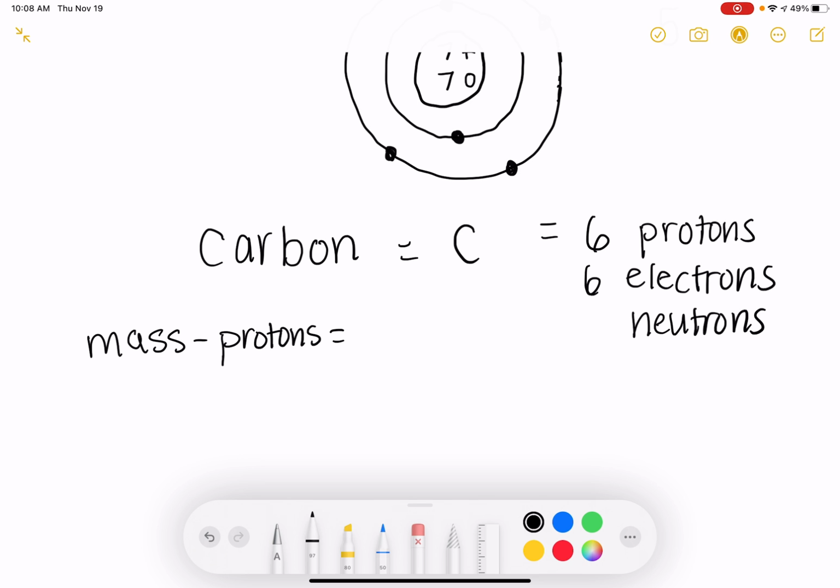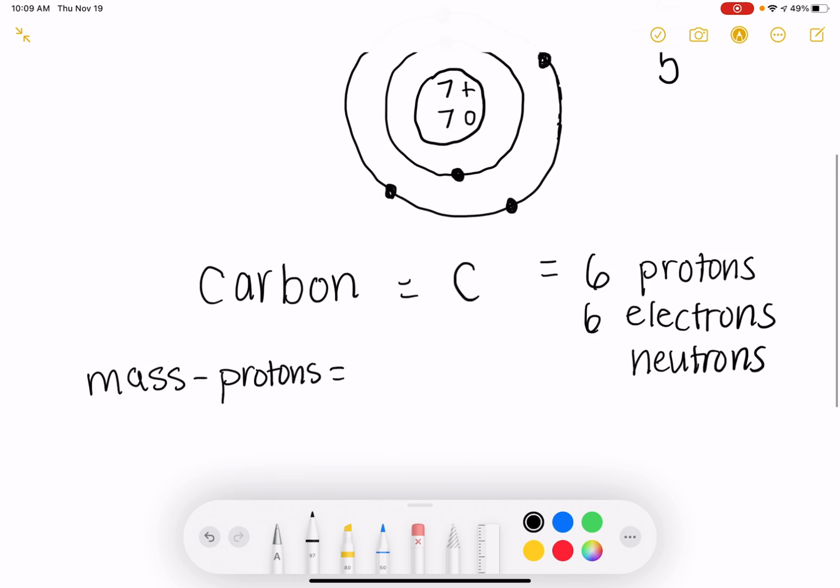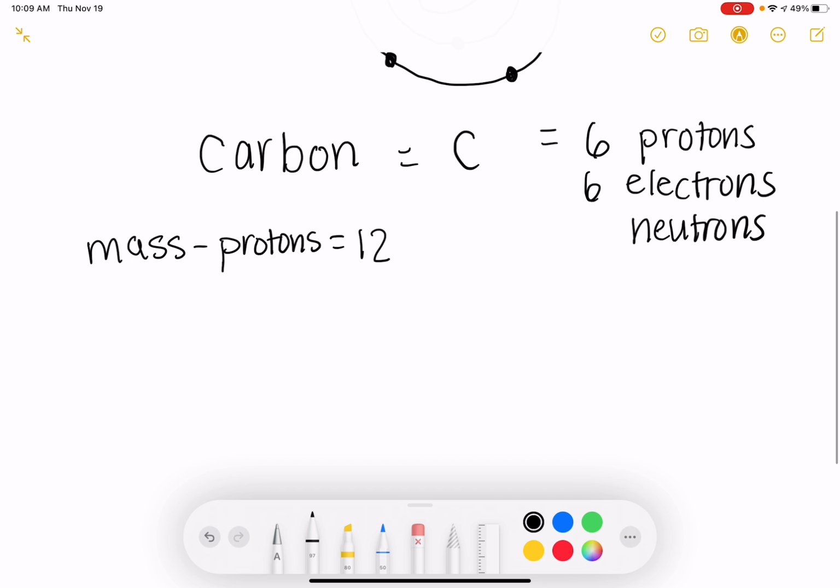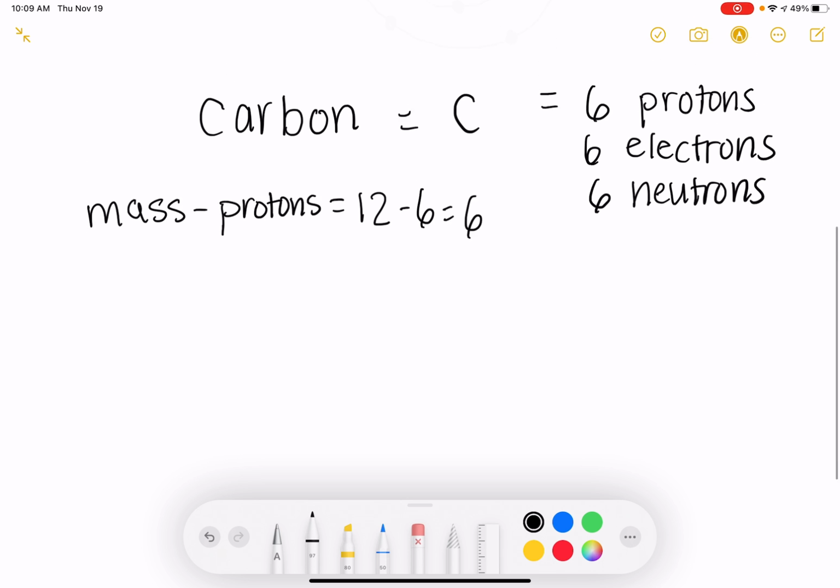In this case for carbon, our mass is 12 minus 6, because we've got 6 protons here. That gives us 6. So our neutrons are also 6. Okay. So that's that. We've got all those pieces.